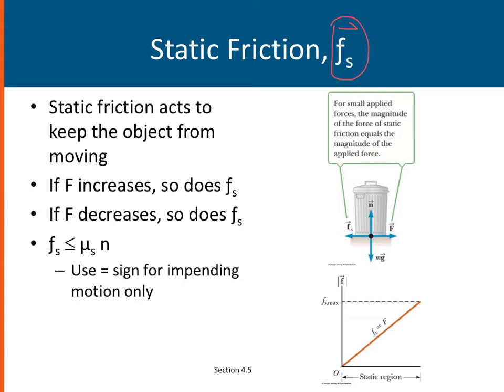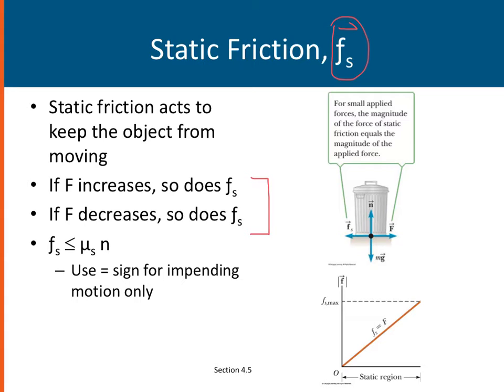Now, these next two statements are where static friction gets a little confusing. If we have a force applied on an object and the object is at rest, the object will have static friction, a friction that wants to oppose its motion. As we push on the object, as we increase the force on the object, the force of static friction also increases.